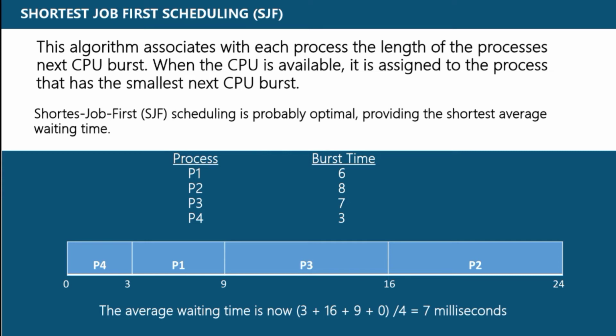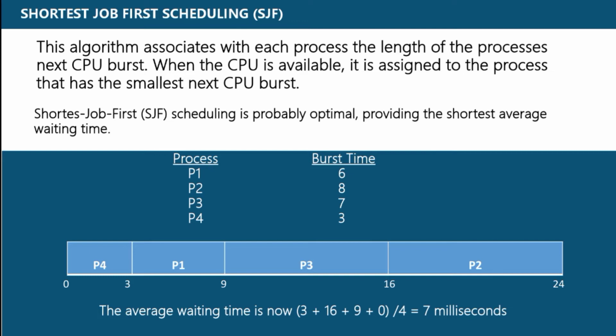P4 has the shortest burst time, so it is the first to be allocated the CPU, starting from 0 since it is the first process to be allocated.